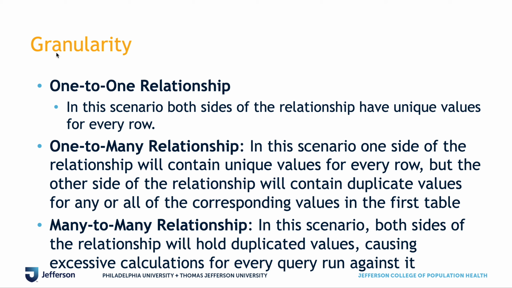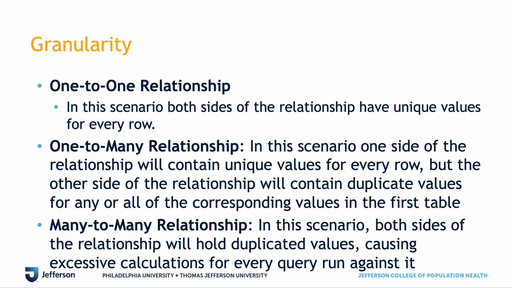So in one-to-one, both sides of the relationship have unique values for every row. So that would be an example of 2 tables that both have 1 row per key. And when you join them, you're only going to get 1 row per key. The information just appends naturally, and it's a very straightforward way of doing it. But let's say there were more rows per ID in a right table, and the left table just has 1 row per ID.